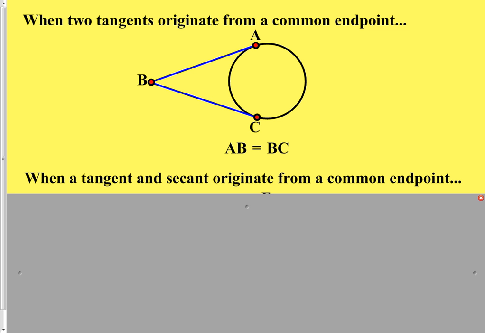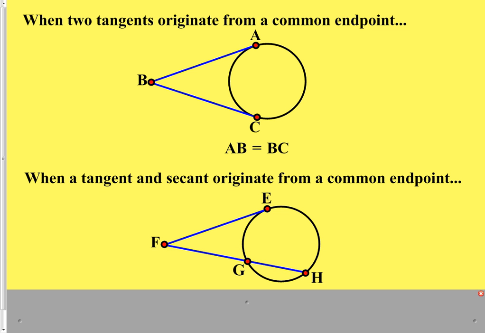The next rule that we're looking at is a little bit harder to deal with. In fact, a lot of people find this to be one of the more complicated rules in all of circles, and this one is when a tangent and a secant originate from a common endpoint. We've already seen this situation before, but we saw it when we were talking about the measurements of the arcs and the angles between the tangent and the secant.